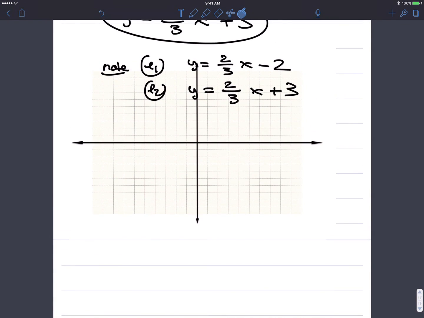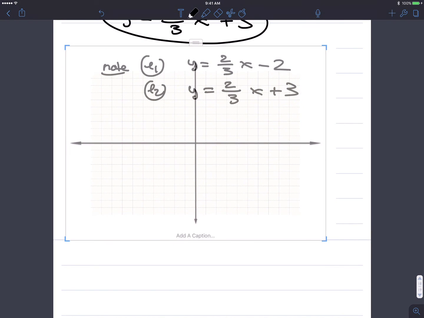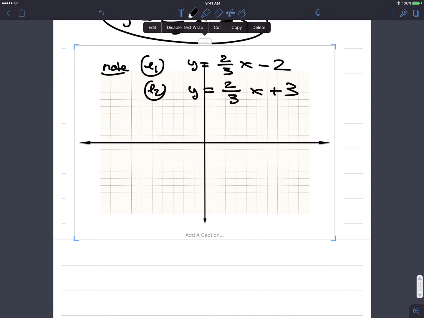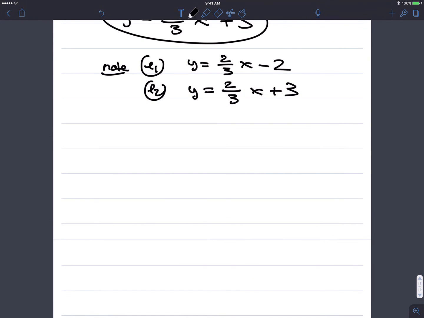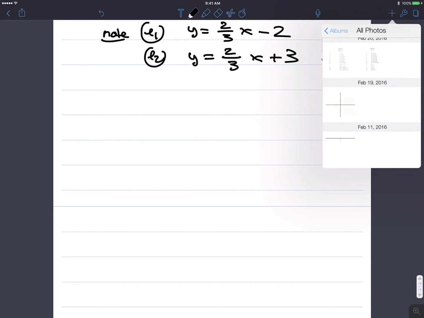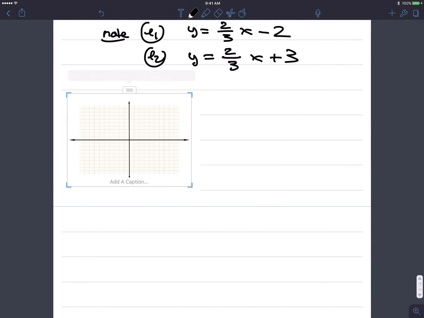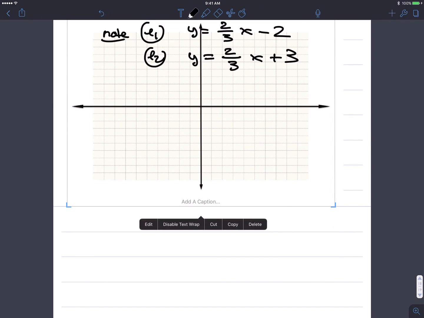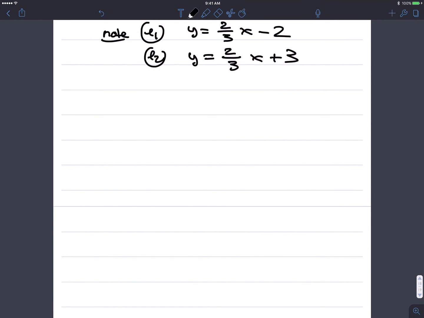That's funny. Let's try this again. Let's try to get this to cooperate. These are our two equations. Let's try to enter a graph now. Okay, I think I know what's going on. Let's try this again.